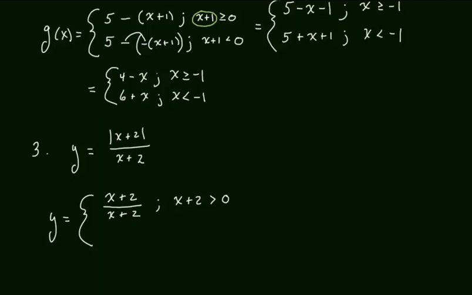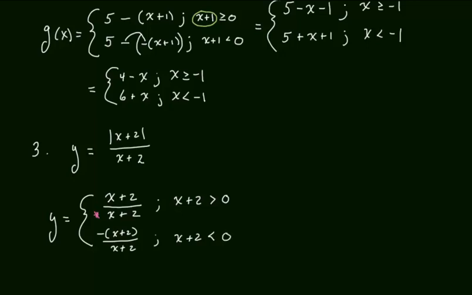See, if I allowed this quantity x plus 2 to equal 0, then it would show up in the denominator as 0, and hopefully you know that that is a big no-no. On the bottom of this condition, we will say it's the opposite of x plus 2 over x plus 2, provided that x plus 2 is less than 0.